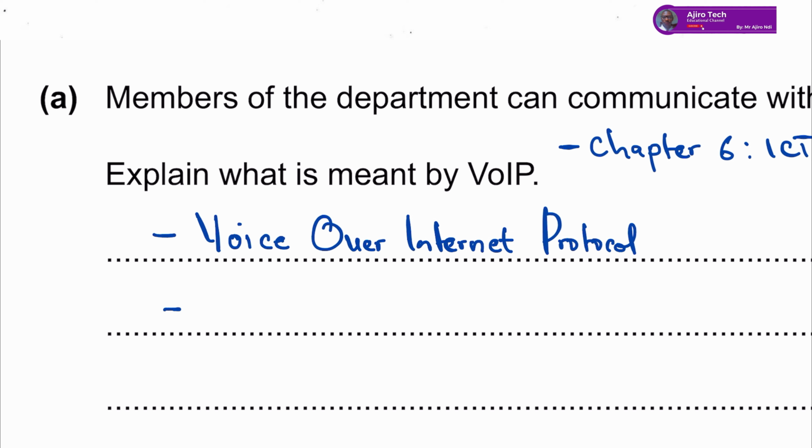And when we talk about voice over internet protocol, permit me to talk about it a bit. It is one of the most common forms of internet telephony. And what do we mean? That is, you're making or having a telephone conversation via the internet.